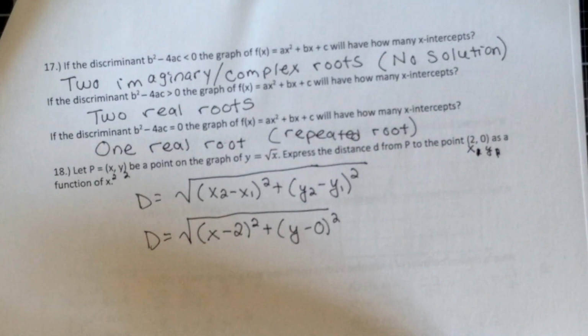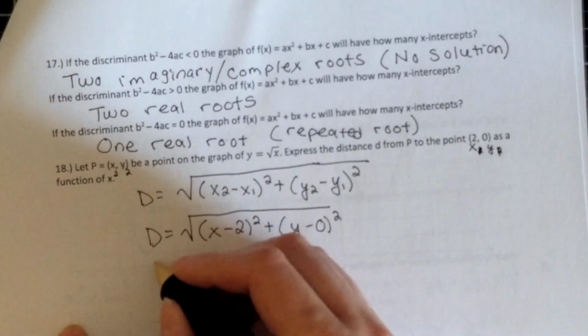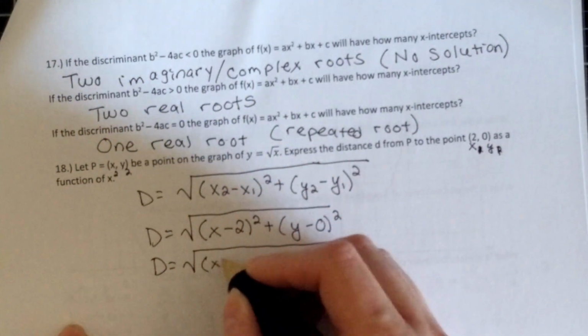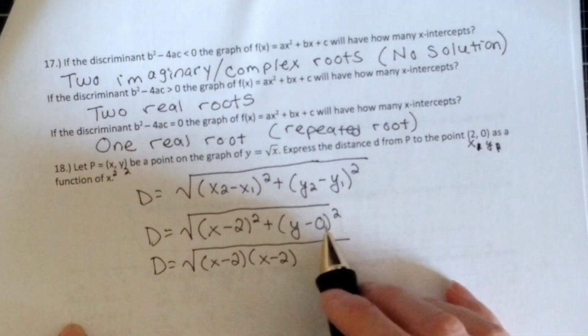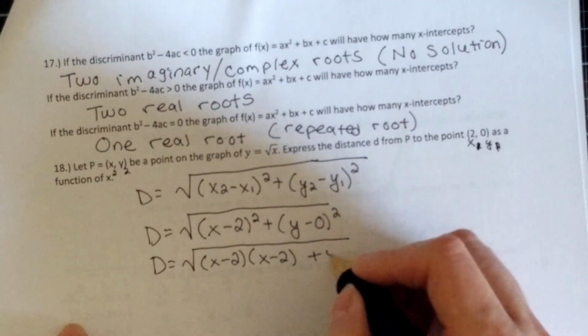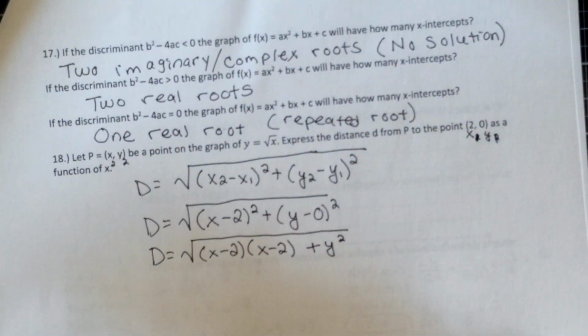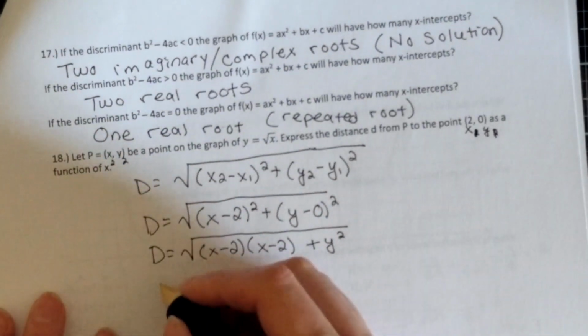If you simplify this, you're going to have to FOIL that, so we're going to write it out twice. We have x minus 2 times x minus 2, and this is just y squared, because y minus 0 is just y squared. All right, we're going to need to FOIL this right here.